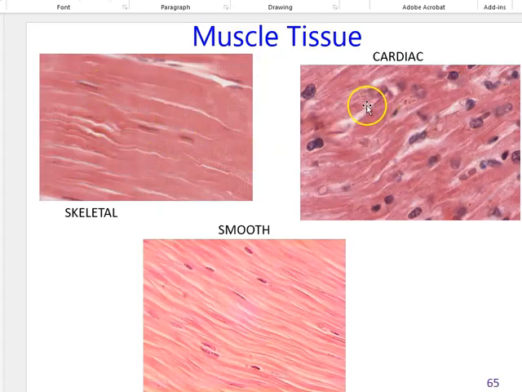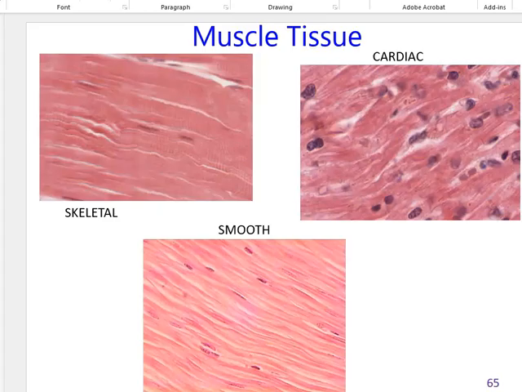If you see evidence of branching, so we do see some evidence of things like that, a Y shape there, Y shape there, Y shape there, and cells with more nuclei like that, that would be cardiac. Smooth muscle is just hard, because what you see are these long bands of contractile tissue that might or might not stain in an interesting way, and scattered nuclei.